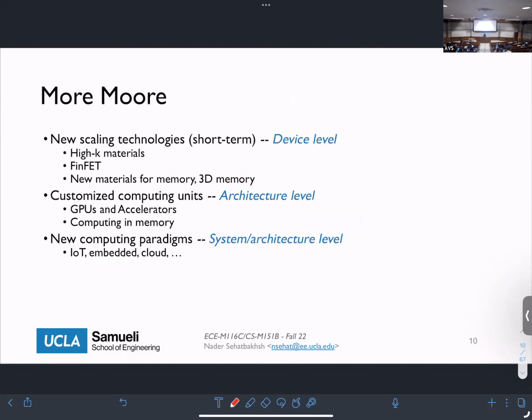And then the final thing is at the system level, we also add more things. So all this notion of Internet of Things, cloud and IoT devices, collaborative environments, embedded systems, and all those things. These are new paradigms that we added to our system in order to make our system faster, right?